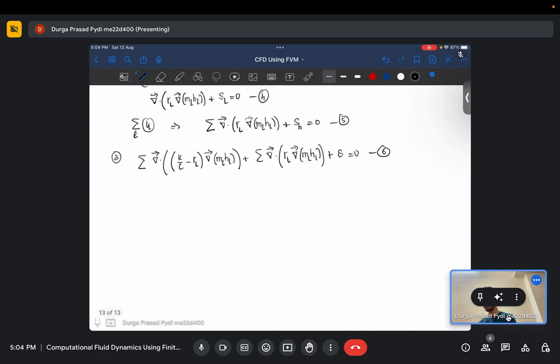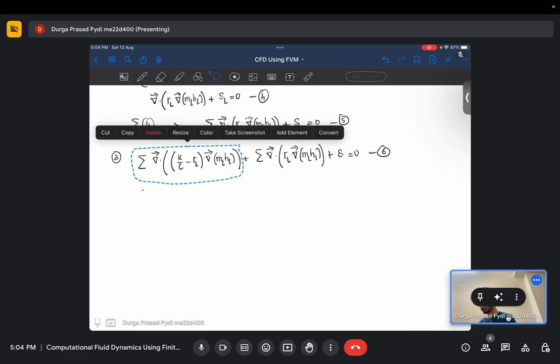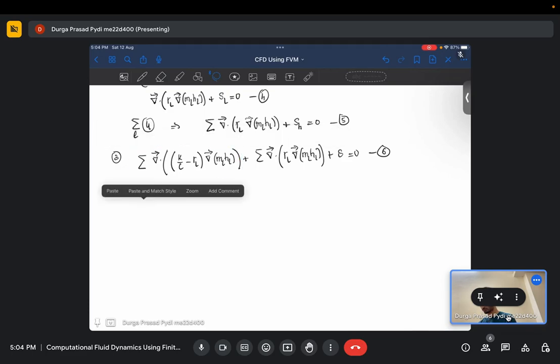Now if you substitute equation number 5 in 6, what we get is this term over here is essentially minus SH plus S equal to 0.